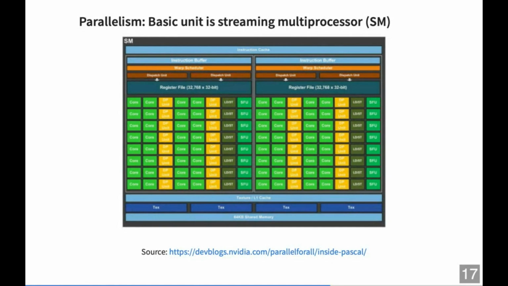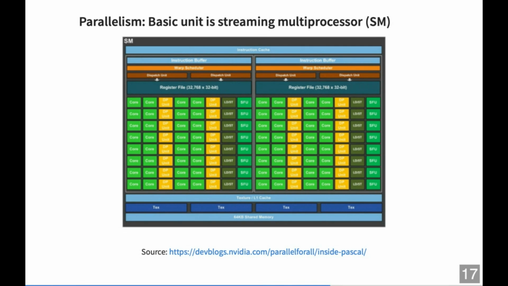In NVIDIA jargon, the basic unit of GPU hardware is often referred to as a streaming multiprocessor, or SM, of which there is a sort of schematic picture here.